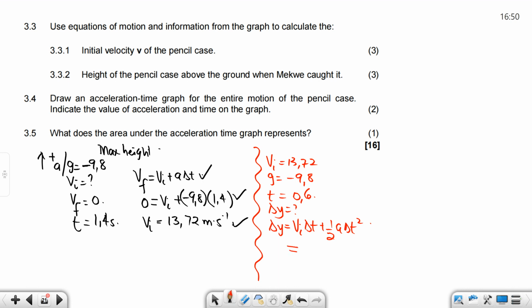What's our Vi? 13,72. What's our time? 0,6 plus 1 over 2, negative 9,8. What's our time again? 0,6. Okay, please, do you want to put that in a calculator for me? 6,47. Do me a favor, just go back to your calculation now and change that 0,6 to 2,2. Quickly.